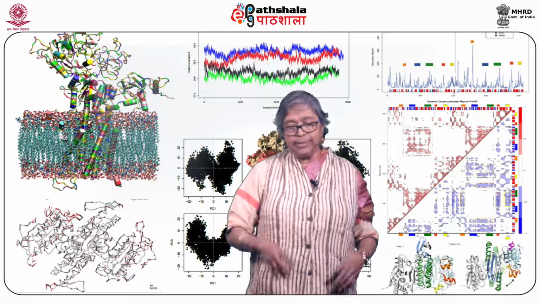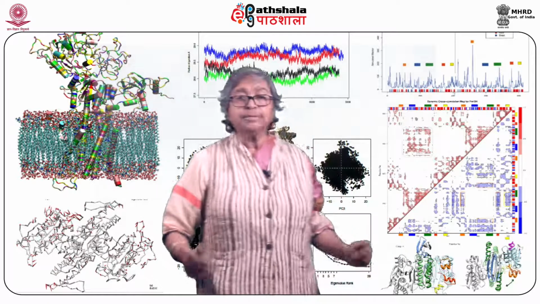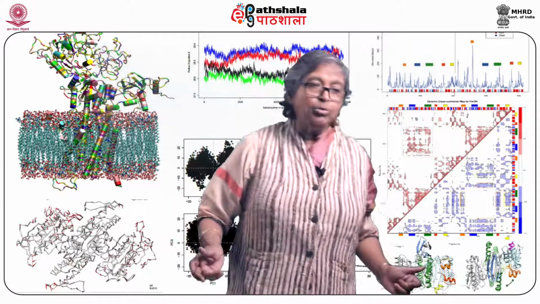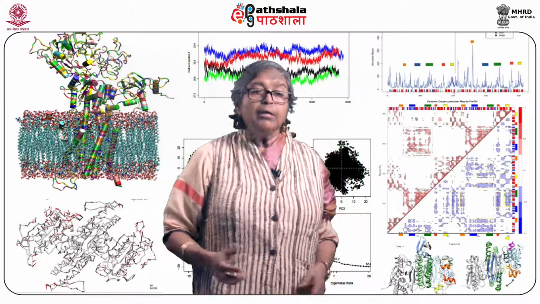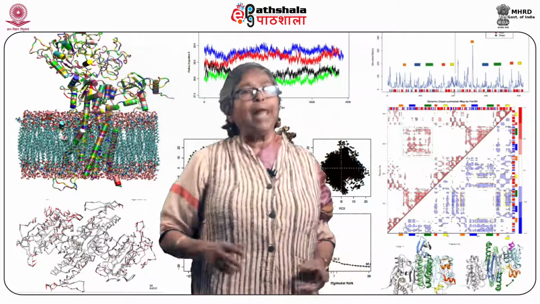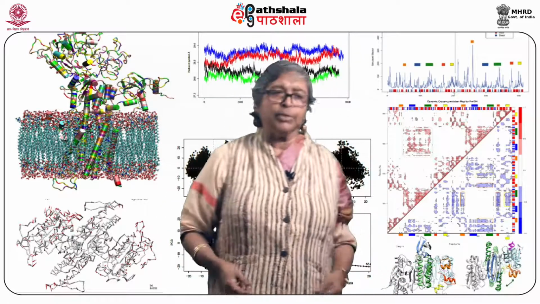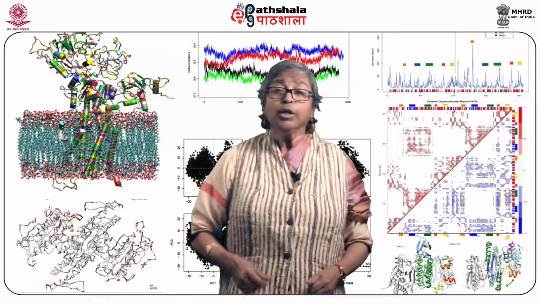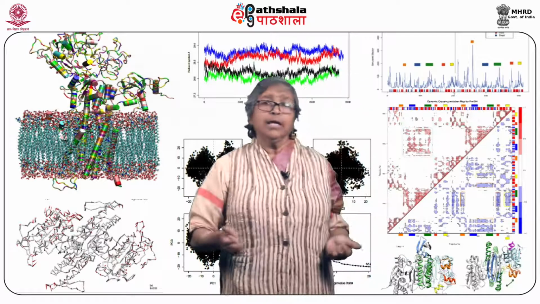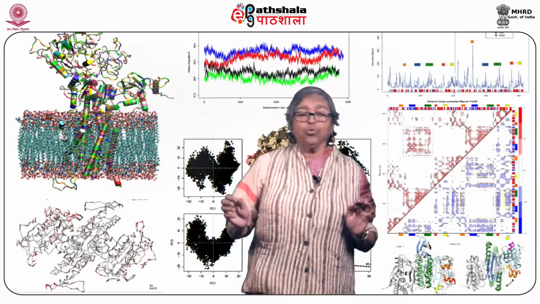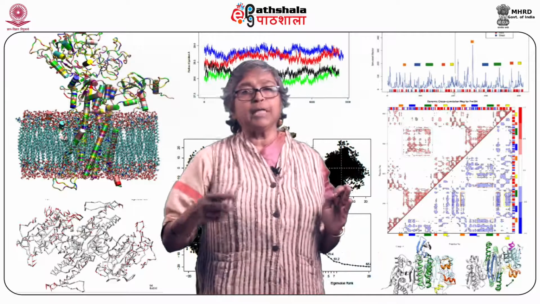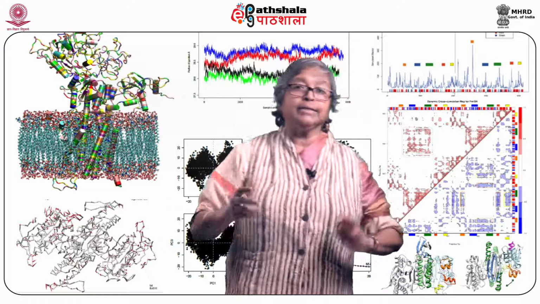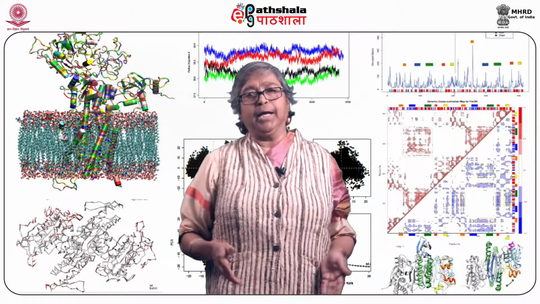If in this particular small peptide we have around 10 dihedral pairs, so 10 into 2 phi and psi, 20 dihedral angles, plus another 20 side chain rotation angles, so 40 dihedral angles, then to vary each of them at 10-degree intervals, we must have 36 to the power 40 conformations just for the peptide.